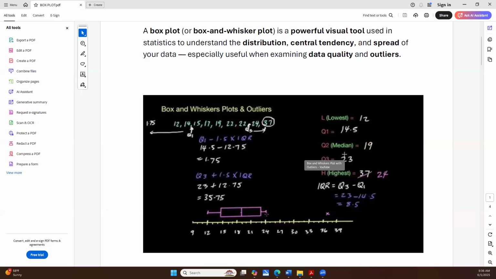And then in order to identify the variability or the deviation or the spread away from the mean, the box plot is also computing the new upper bound and new lower bound, right? The new lower bound is Q1 minus 1.5 times IQR.